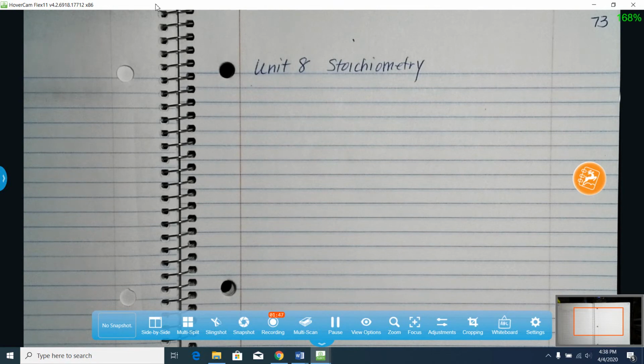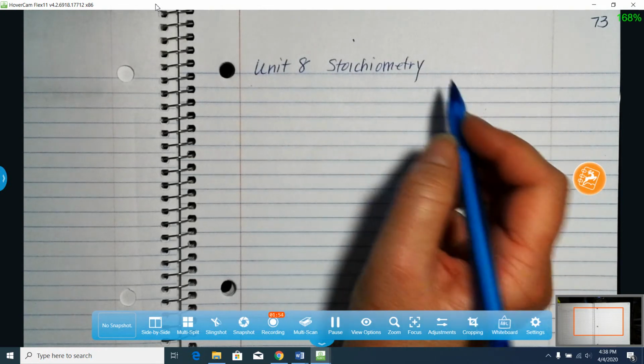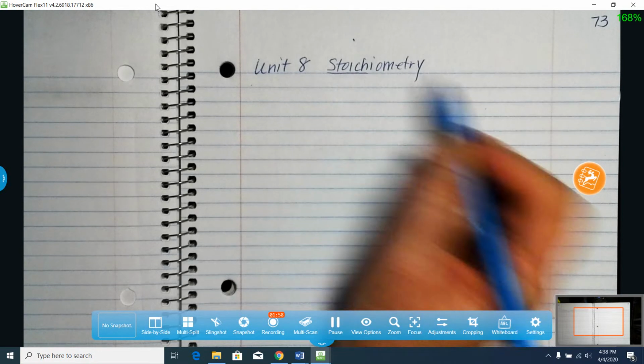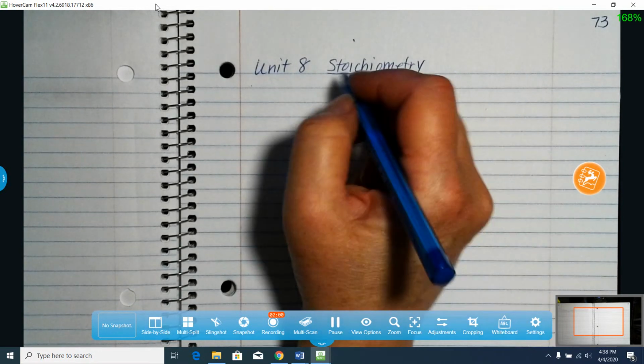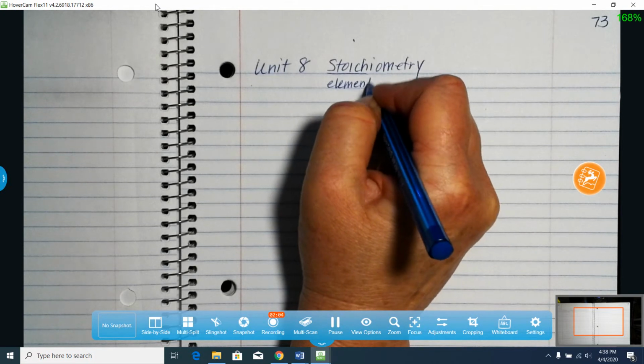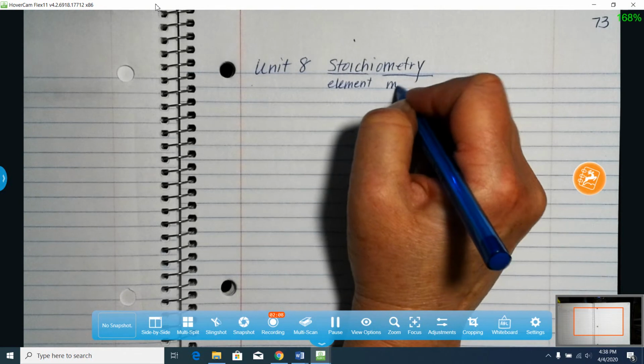Okay, and stoichiometry comes from two Greek words. The first part means element, and the second part means measure.